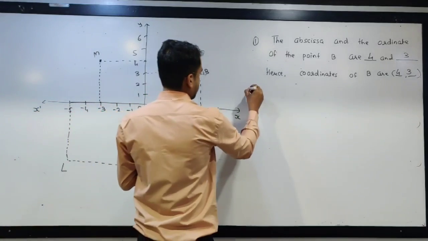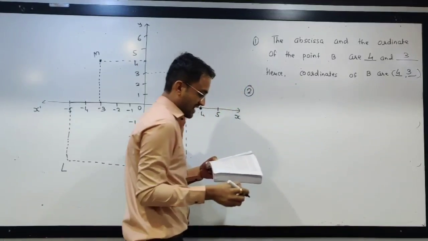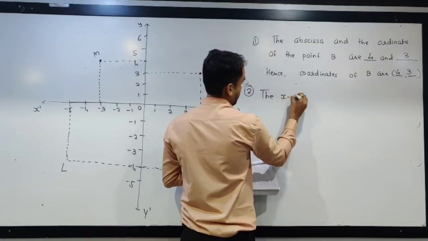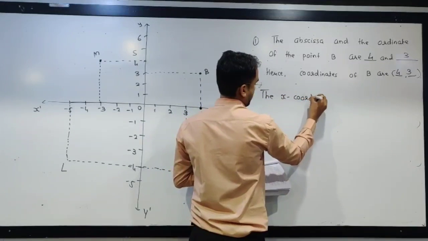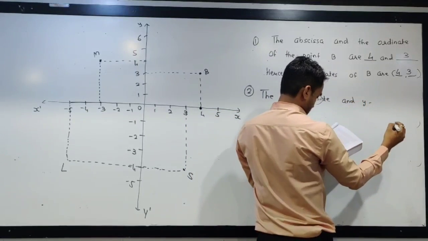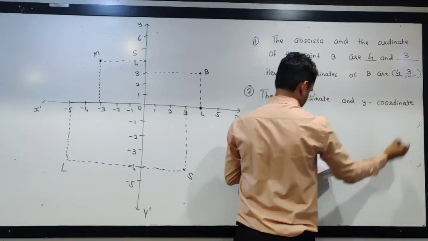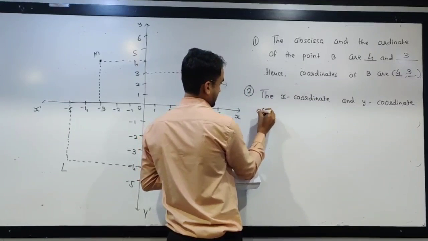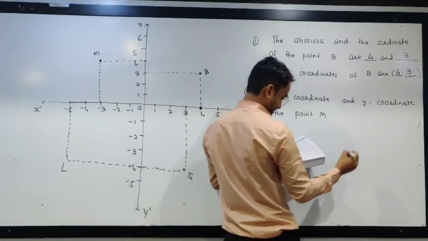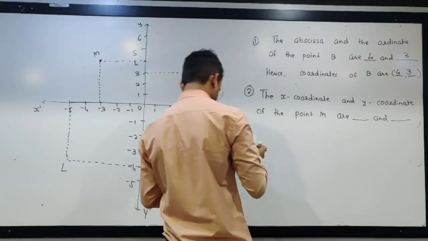The second one: the x-coordinate and y-coordinate of the point M are dash and dash.